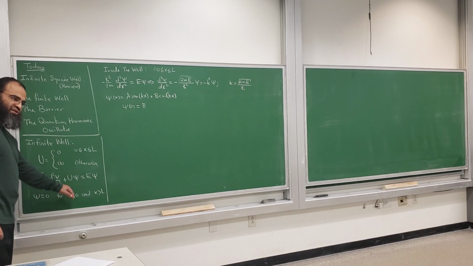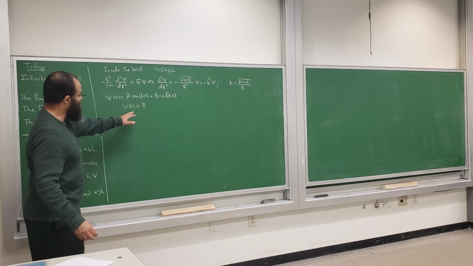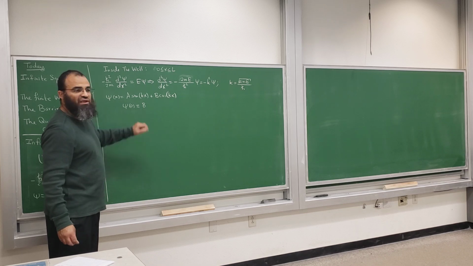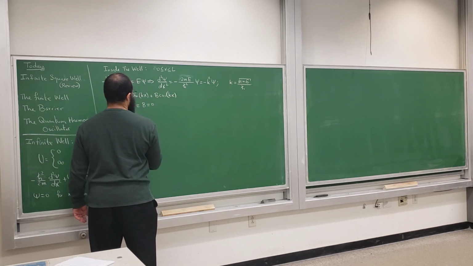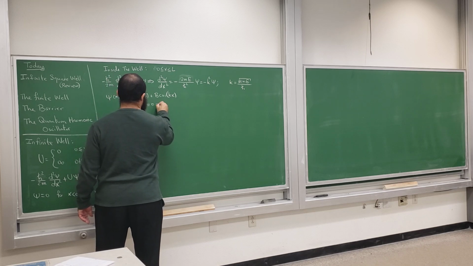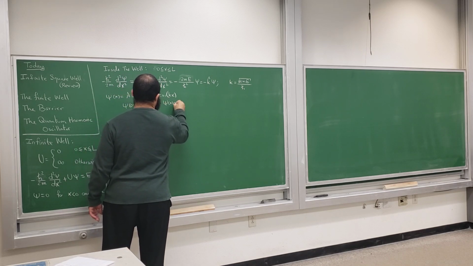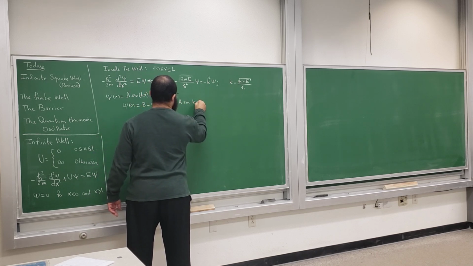So when x is just less than 0, the wave function is 0. Greater than 0, the wave function is B. So for them to match, B needs to be 0. Therefore, psi of x becomes just A times the sine of kx.